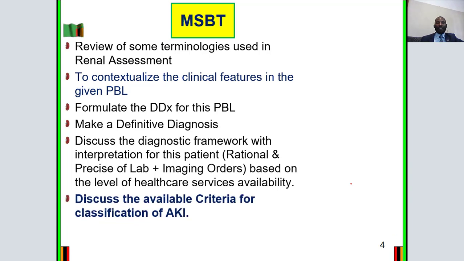But in this discussion, the focus is more on the diagnostic criteria and classification of AKI. That is a very important question in the exam.